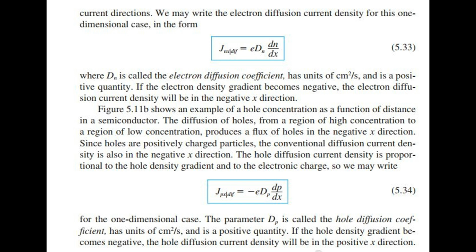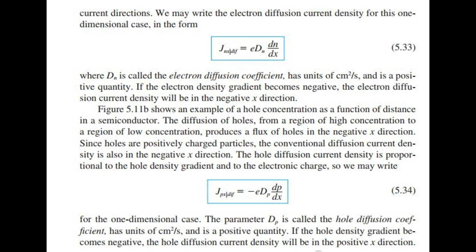Figure 5.11b shows an example of a hole concentration as a function of distance in a semiconductor. The diffusion of holes, from a region of high concentration to a region of low concentration, produces a flux of holes in the negative x direction. Since holes are positively charged particles, the conventional diffusion current density is also in the negative x direction.